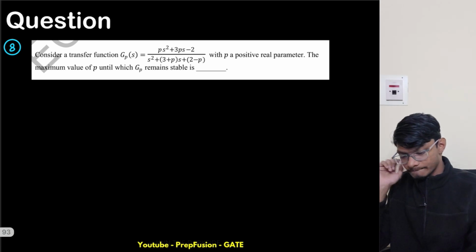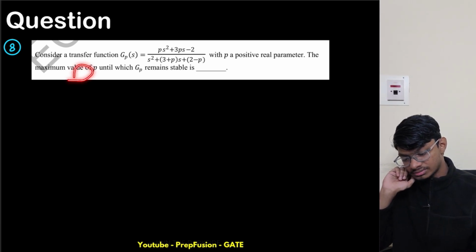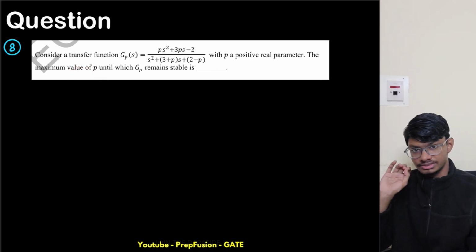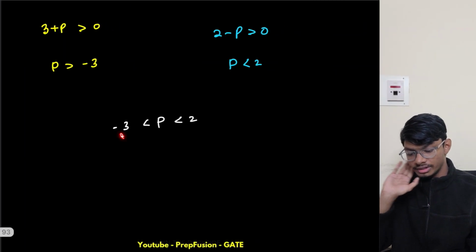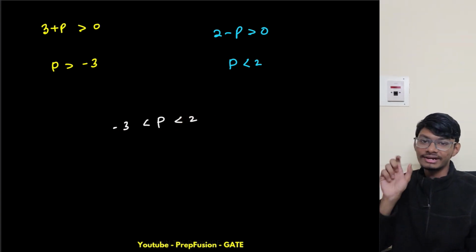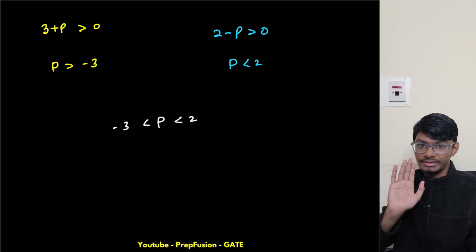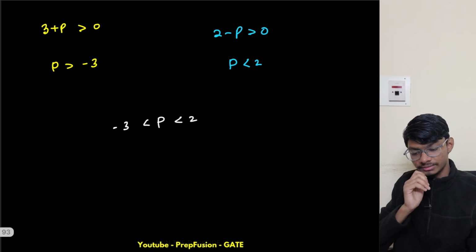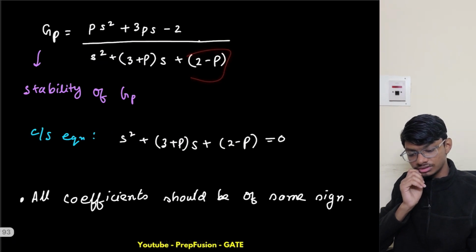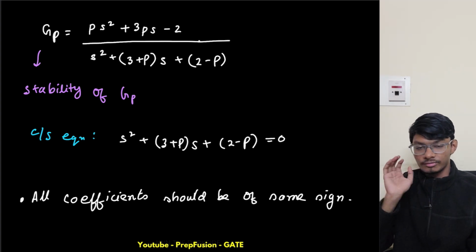So what do I see? We have to find the maximum value of p until which Gp remains stable. So p is going above minus 3, and at 2 it will not remain stable. I can write 1.99999, it will remain stable. If I have to write 2, then this is the maximum value. But at p equals 2, this is going to 0, so there is one pole at the origin. We won't talk about that, because we have to put some numerical value.